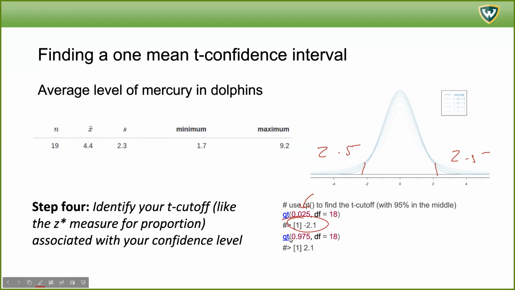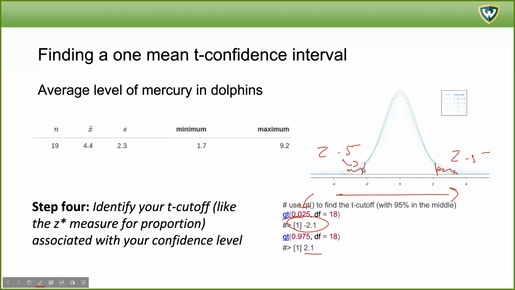But if you did put the other side into the function, which is 0.975, you would get 2.1. Since you got negative 2.1 from the function applied to 0.025, you could just assume you'd get 2.1 for 0.975, because these functions count the area in this direction.